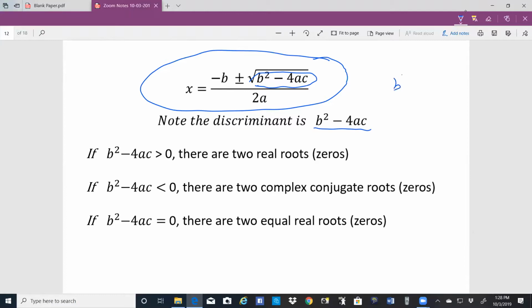If b squared minus 4ac is like 16, the square root of 16 is 4. So this number over here would be minus b plus or minus 4 over whatever 2a is. So you calculate a real number. But what happens, Miranda, if you got the square root of minus 16?